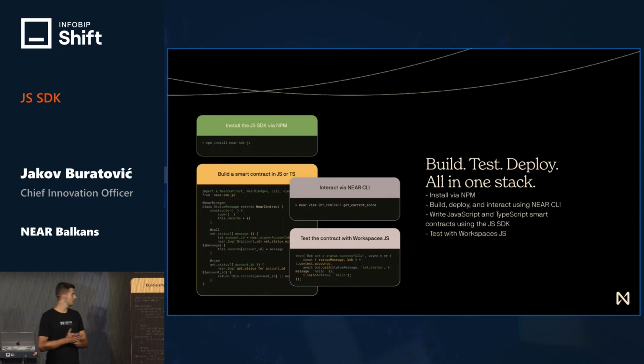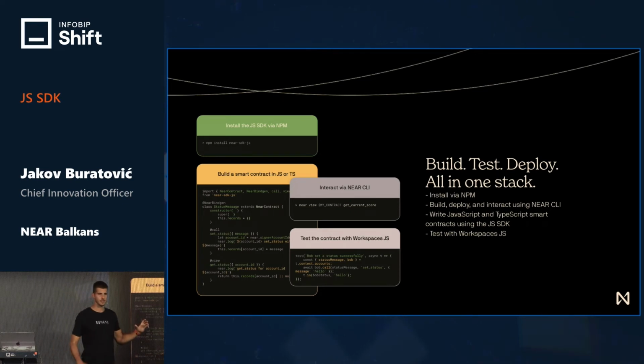OK, this is a cool slide to see actually how it looks. So what are the prerequisites? If you're a web developer, you probably have npm already installed, Node Package Manager. So you just need to have Node.js. You will use near CLI to do all the interactions, so compilations, deployment, everything like that.